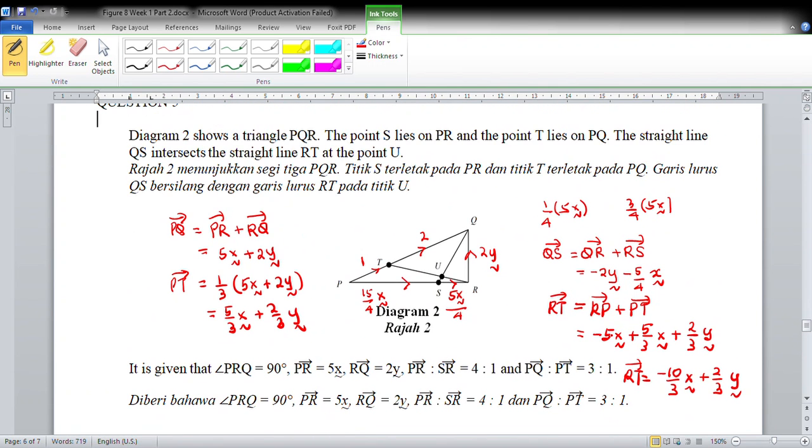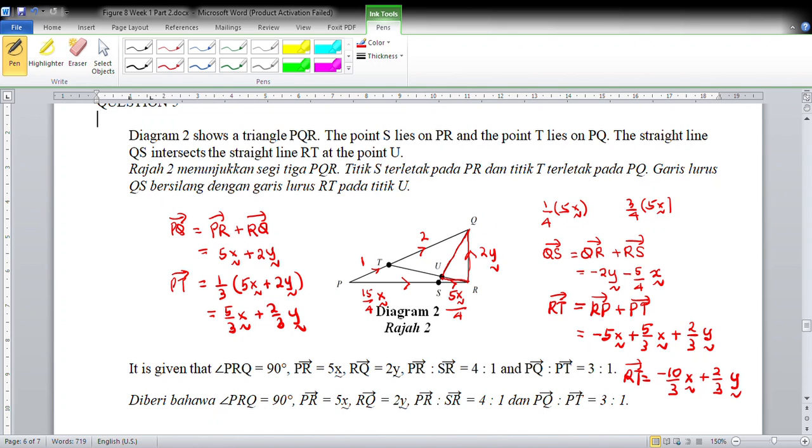Okay, so if you look at the diagram, so where is R, Q and U? So you can see this triangle which has the 3 points. Okay, so you need to make a connection using these 3 points.